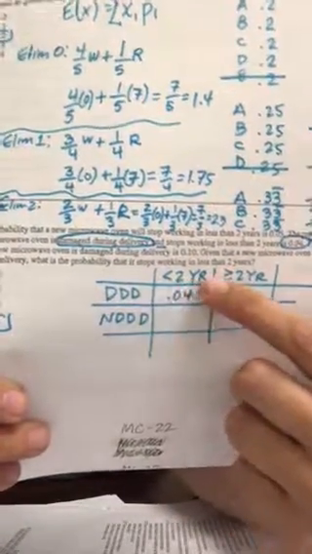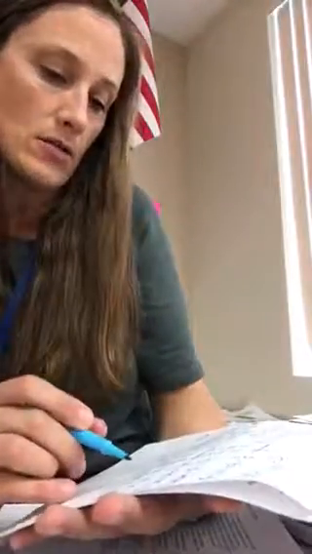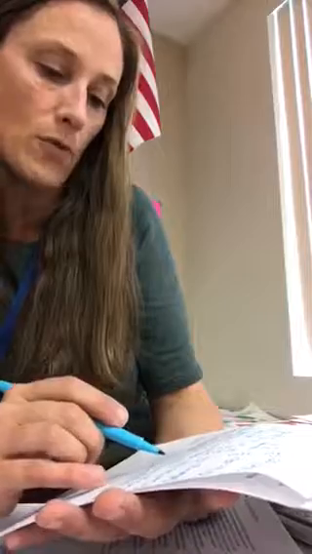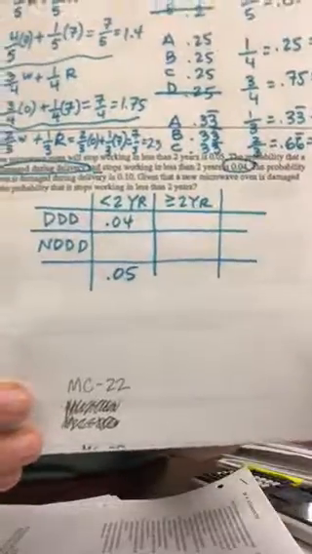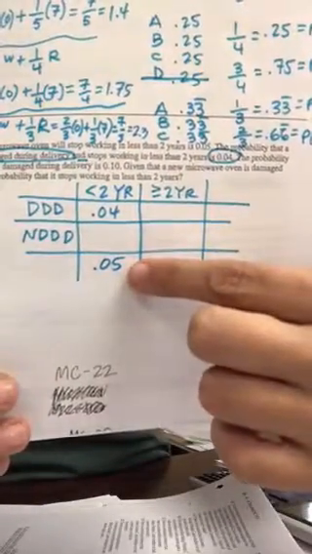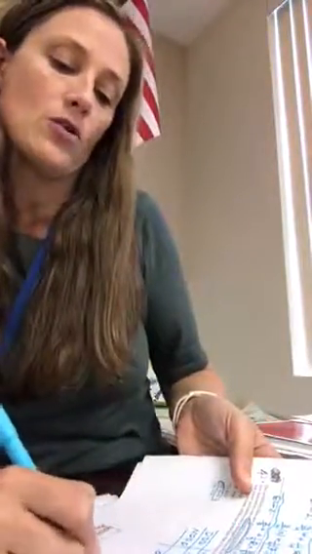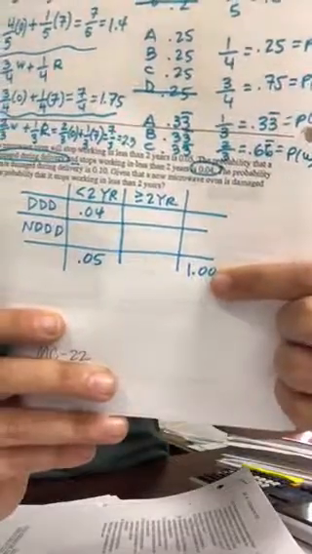Damaged during delivery and stops working in less than 2 years, 0.04. Then it says the probability it will stop working is 0.05. So that's just, it'll stop working in less than 2 years is 0.05. So 5% of the time, 4% of the time. Again, my grand total would have to be 100% of the time once I totaled everything up in my chart.